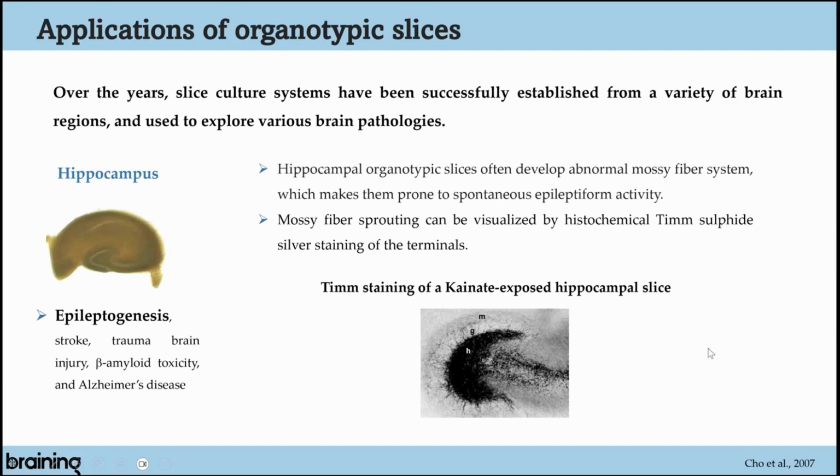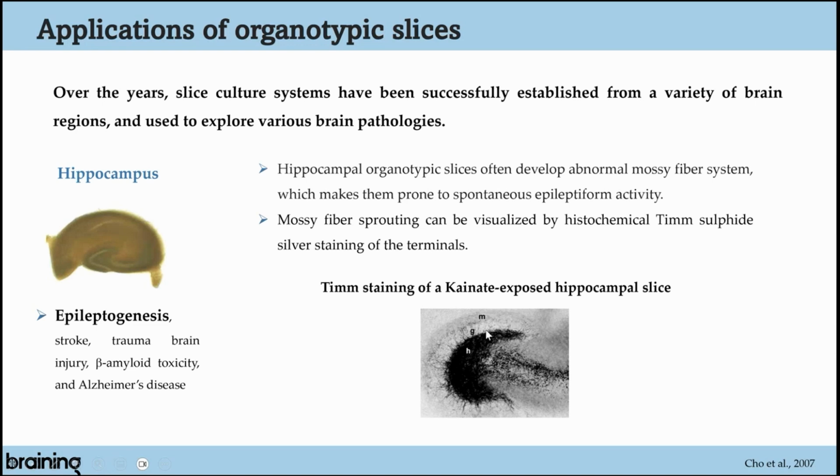I usually say to my students, these slices are prone to excitability. This mossy fiber sprouting, if you just Google it, can be visualized by this histochemical TIM staining. Basically this TIM staining, this silver staining, stains the terminals. And I put here an image of an organotypic slice that was treated with kainate, which is a convulsive drug.